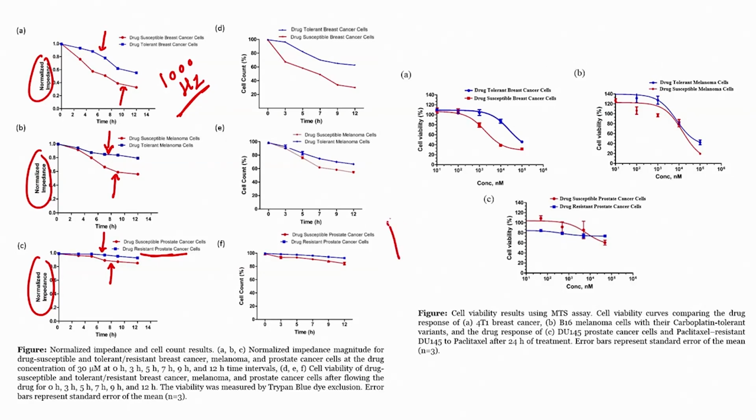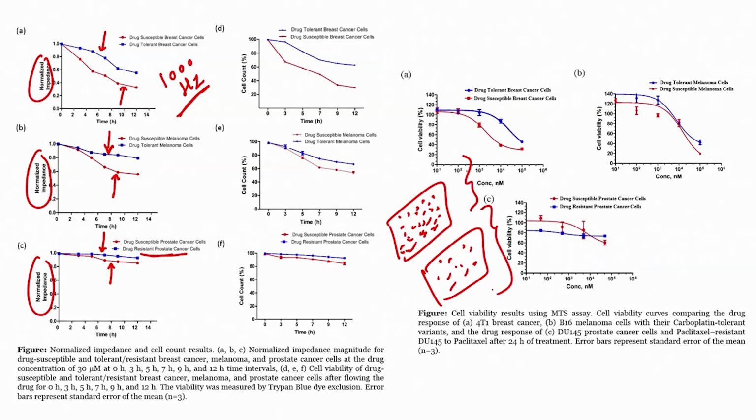So, let us say this is cells with matrix gel, and these are cells within matrix gel after the drug is flown. How many cells have died, in terms of percentage? Now, how will we know how many cells have died?